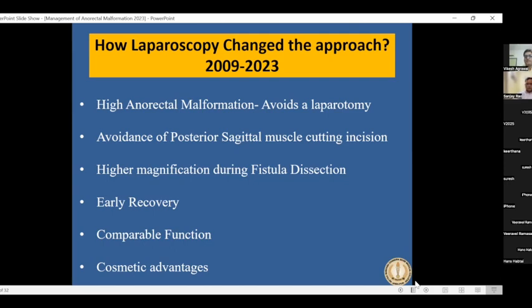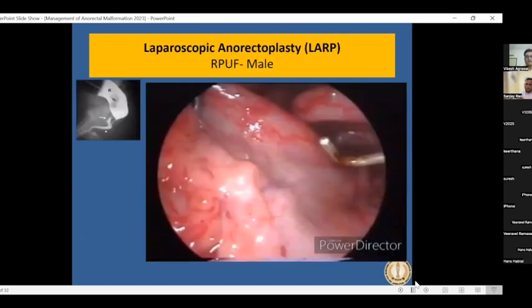Obviously, there is, as a result, early recovery. And in the last 20 years, various randomized control trials and systematic reviews and meta-analyses have proven beyond doubt that it offers comparable function vis-a-vis open posterior sagittal anorectoplasty. Obviously, there is a cosmetic advantage also. There is no abdominal scar.